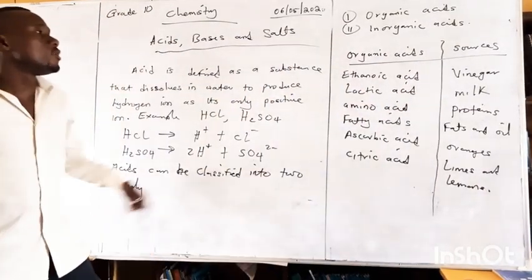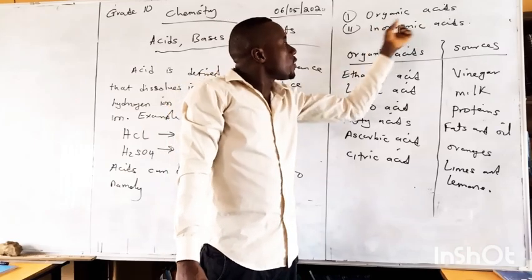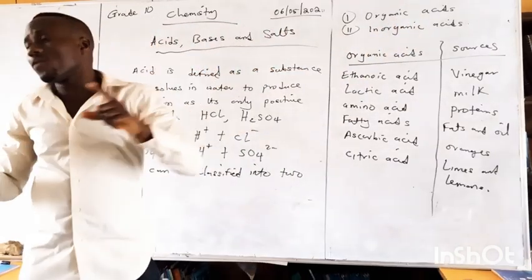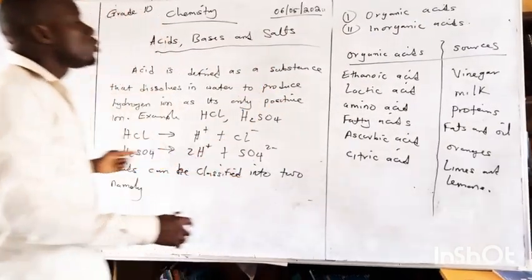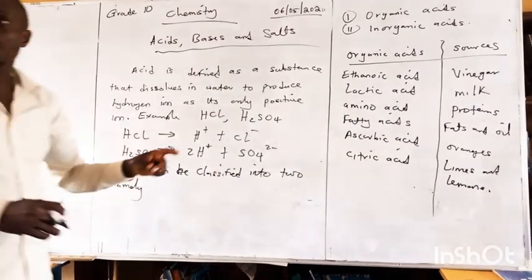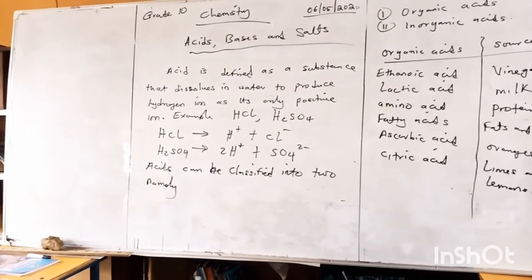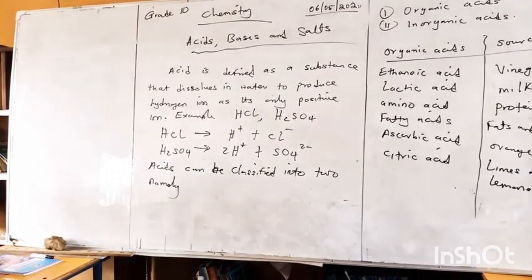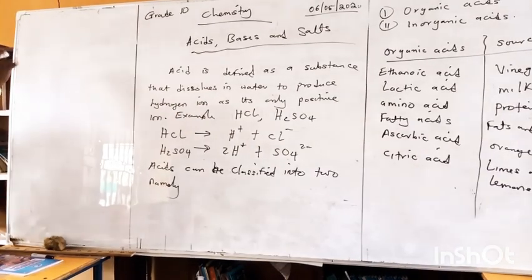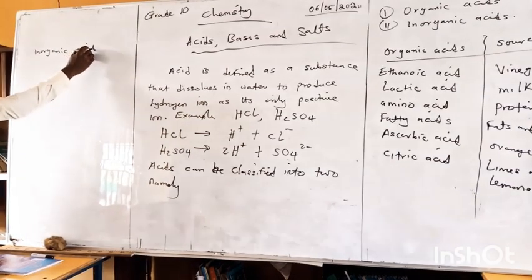Now let's take a look at inorganic acid. This type of acid is gotten from the chemical reactions of elements. Inorganic acids are acids gotten from the chemical combination of elements.